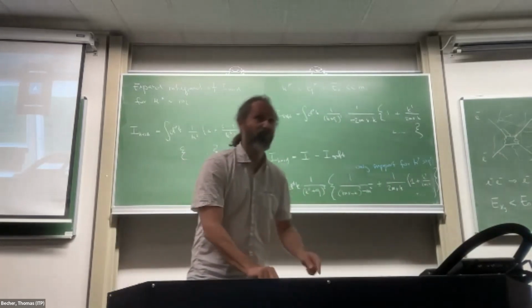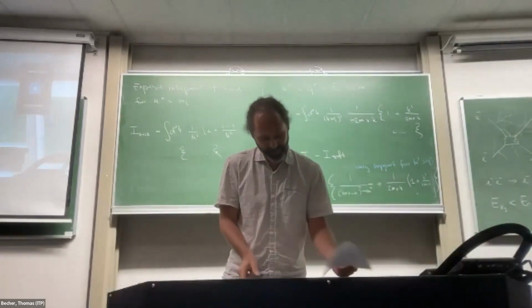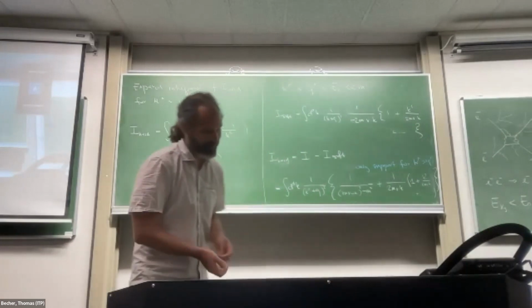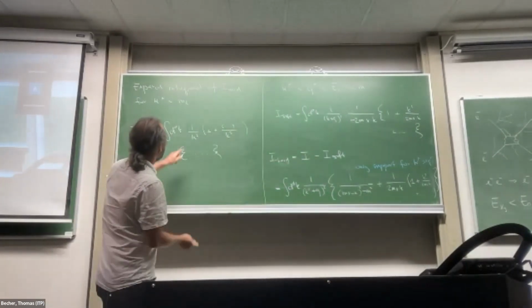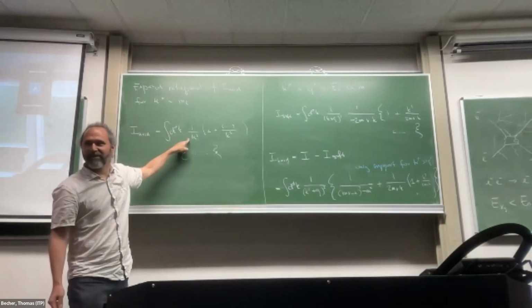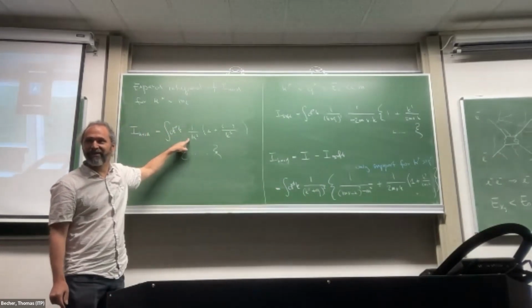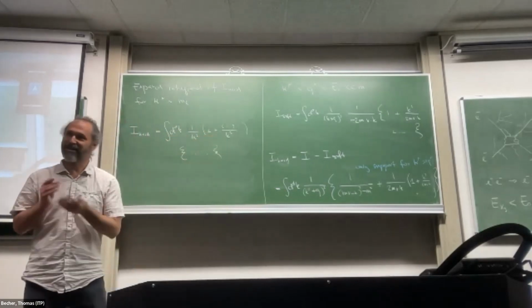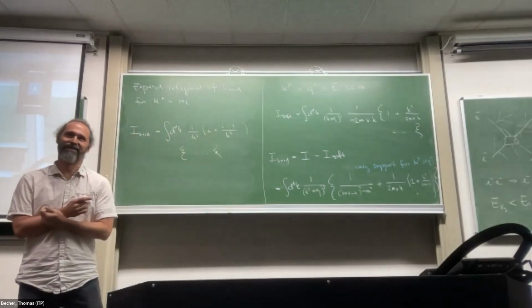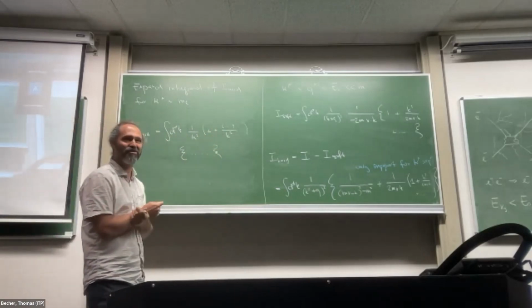So now the moment of maybe uncomfortableness as well. One thing you notice now that I've expanded this first propagator, I have a 1 over k squared, 1 over k to the fourth. Now you start getting infrared singularities in this integrand.